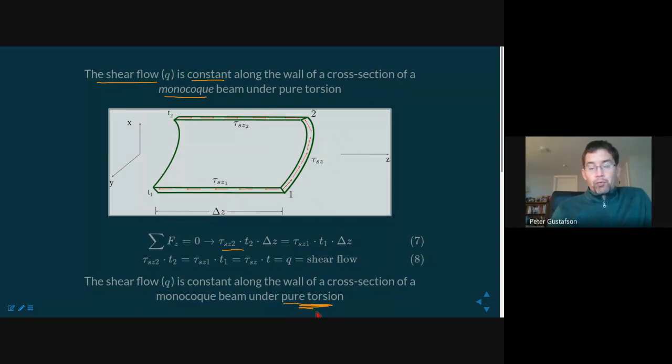If bending was present, we can't say shear flow is constant, because now it's a function of the changing shear bending stress. But if we separate bending from torsion, which we know that we can do, and only deal with the torsion portions of it, we can then later bring back that other aspect of shear flow through superposition.